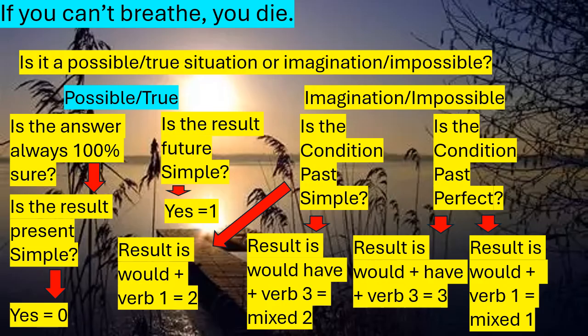And the answer to that is yes. It's always true that if you can't breathe, you will die. Next part, is the result present simple? And that is true. You die, the result is present simple. And if that is yes, which it is, then that is a zero condition.